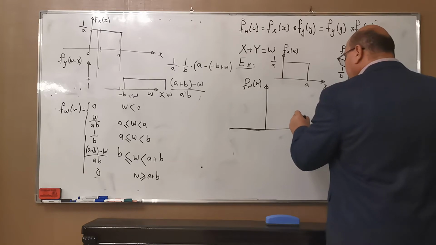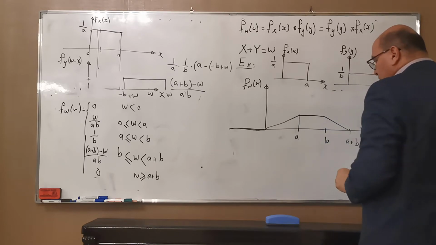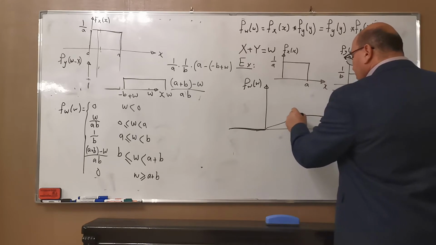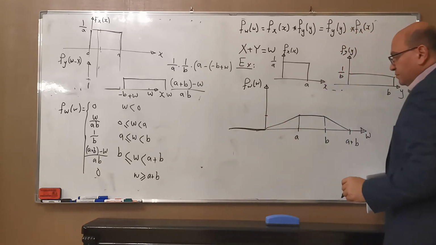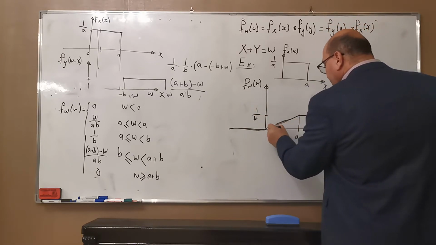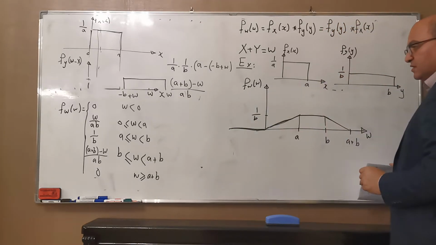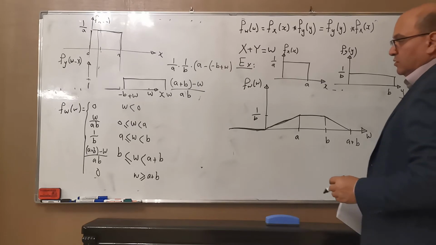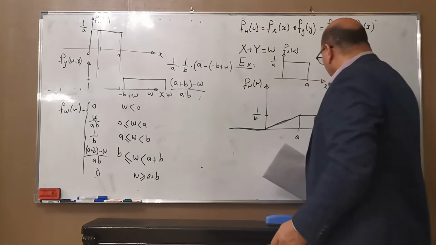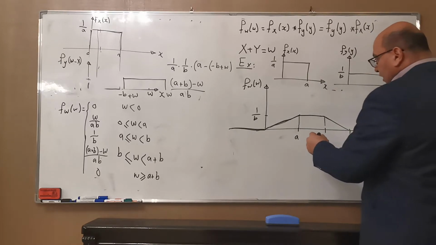So you have here the amplitude like this, a trapezoid like this, and it goes down like this. So this is the curve, 1 over b, and this is the positive slope, w over ab, and this is the negative slope, a plus b minus w over ab. So the slope here is 1 over ab, the slope here is minus 1 over ab, okay? And so this is how it looks like.